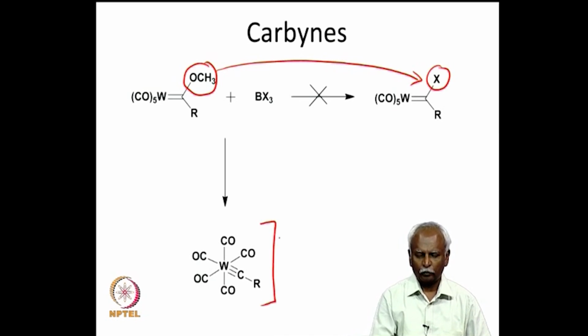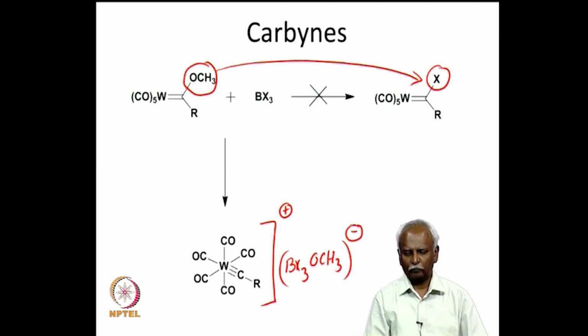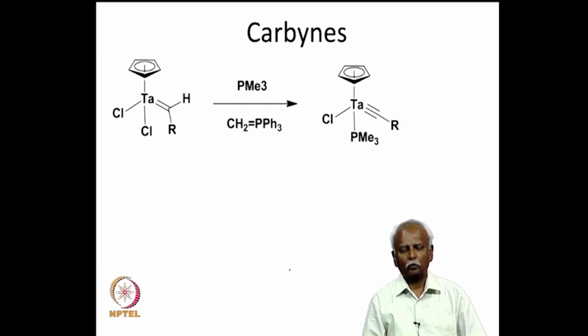This would have a net positive charge, and BX3 OCH3, and a negative charge to compensate for the extra halogen atom on the boron. So, you could also do the abstraction of a proton or a hydride.